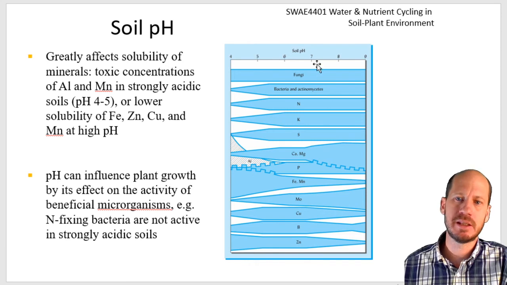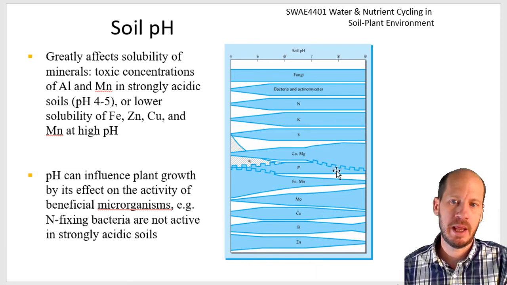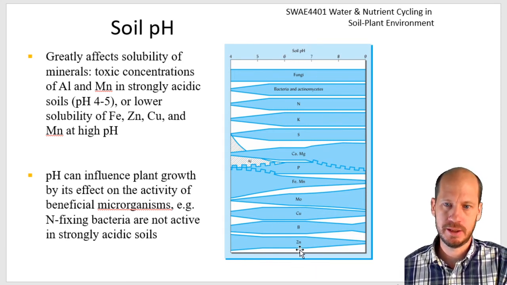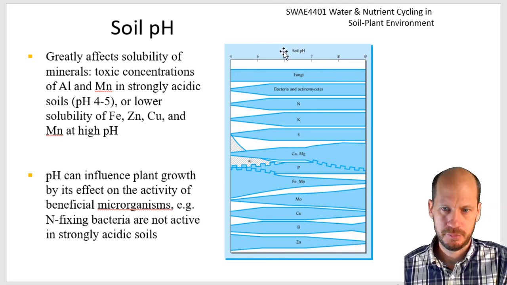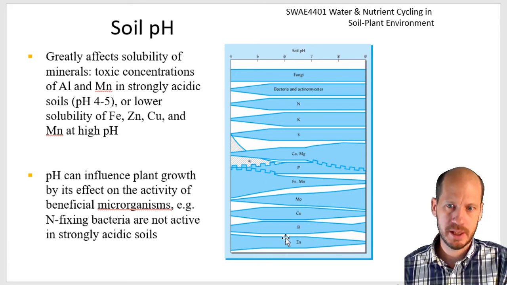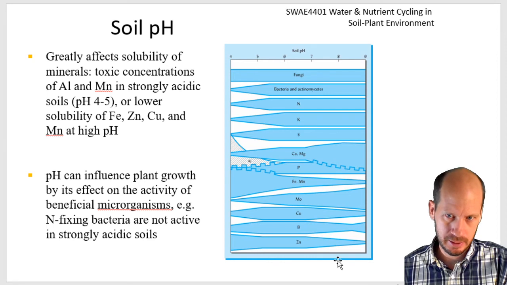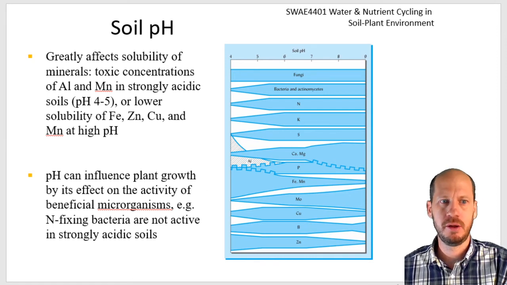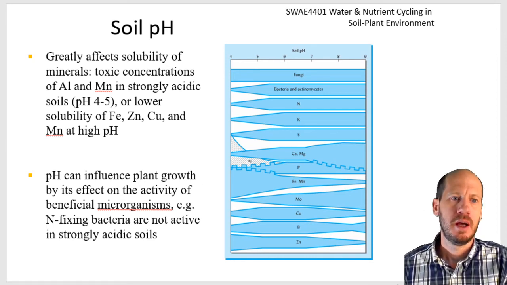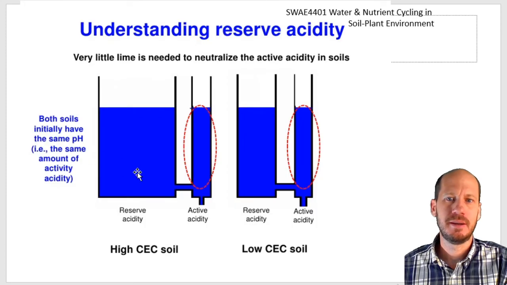So this is the best range of pH for plants, and we should always aim for soil pH somewhat near neutral conditions. Next thing I want to talk about is the concept of reserve acidity and reserve basicity.